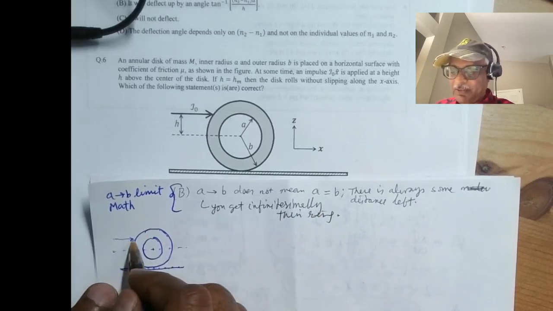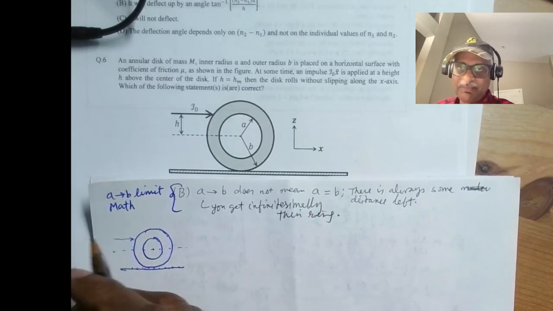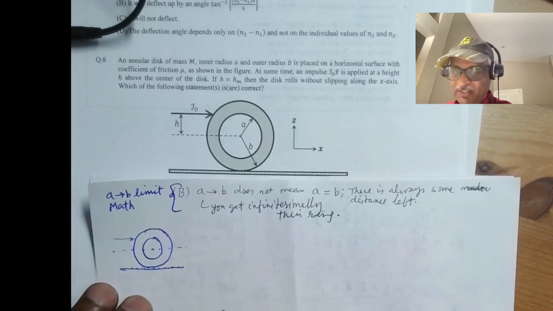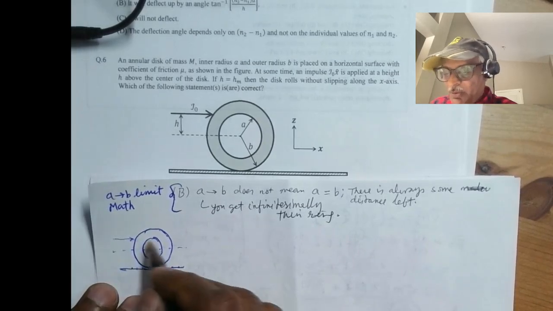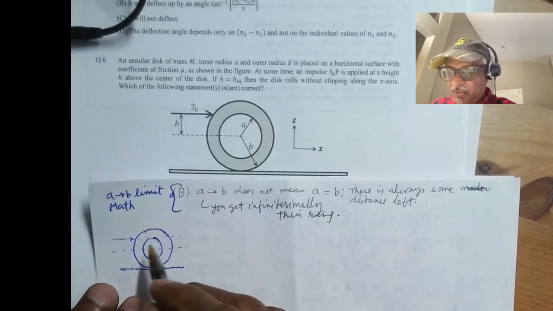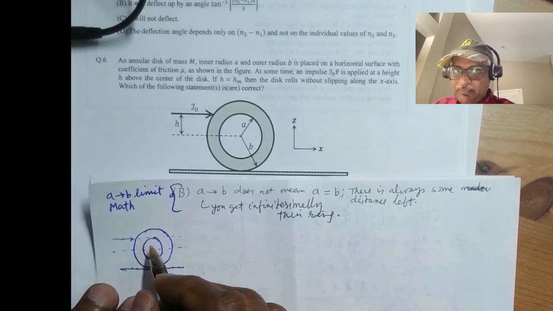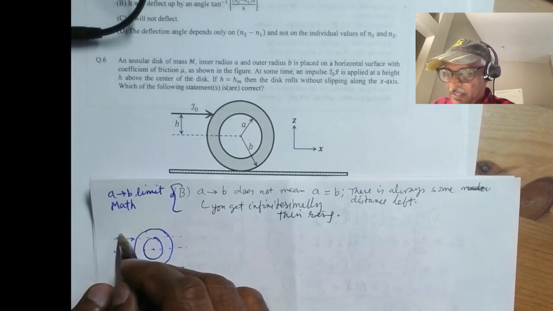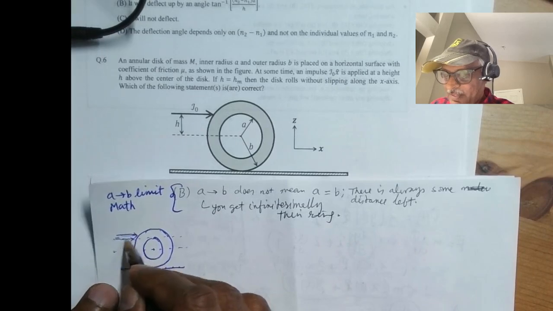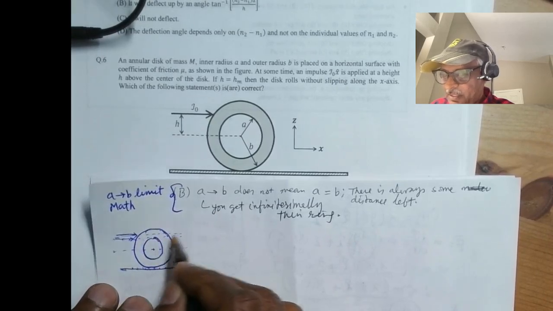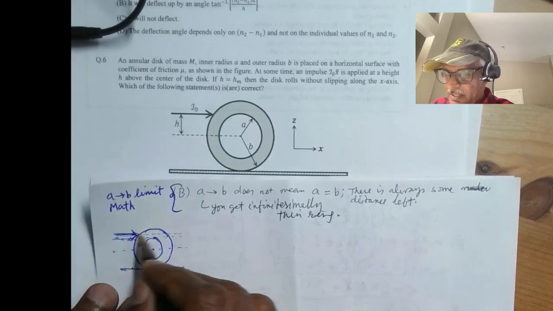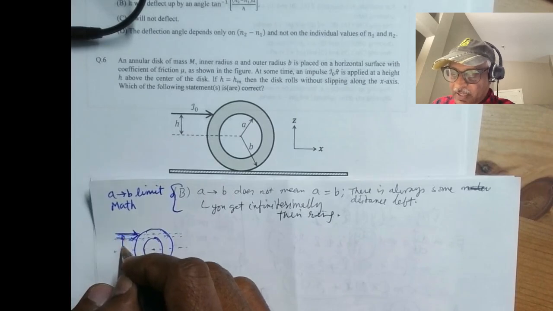You might say a bullet hit it and got stuck, a negligible mass bullet but with considerable speed. Let's put it over here so that you don't get confused with the inner part of the annulus. So you just hit it at the edge.